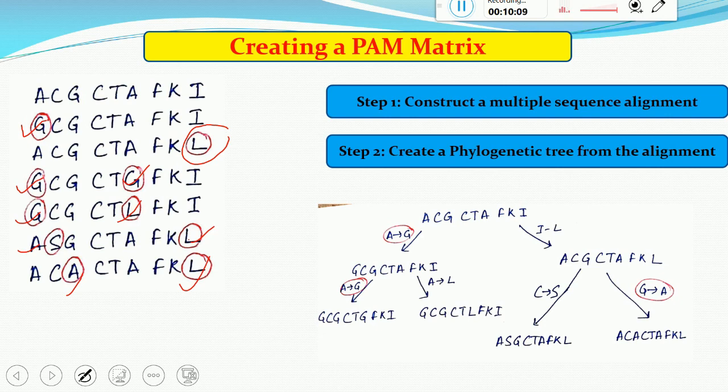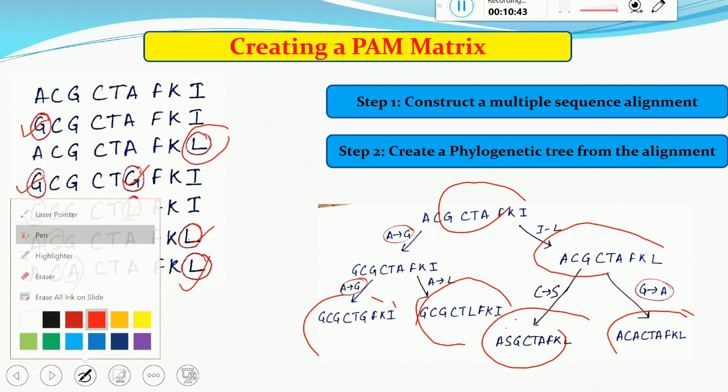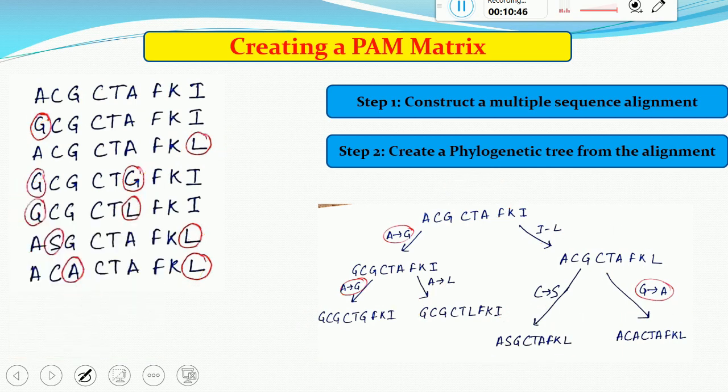If we take this as the parent sequence, the first sequence gives A to G, so we get this sequence, and in this sequence we get two mutations: one is A to G and another is A to L. The A to G mutation will give this sequence, the A to L mutation will give this sequence. Likewise on this side, the I to L mutation will give this, and from this sequence the C to S mutation will give this, and the G to A mutation will give this. So we have created a phylogenetic tree.